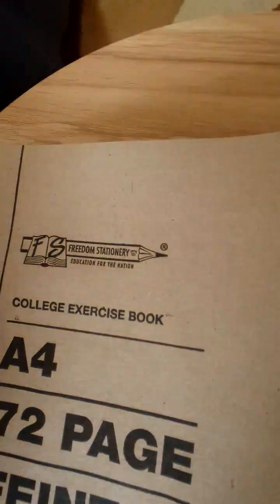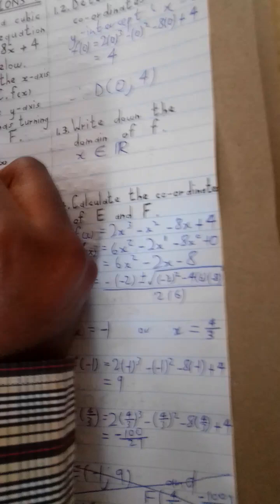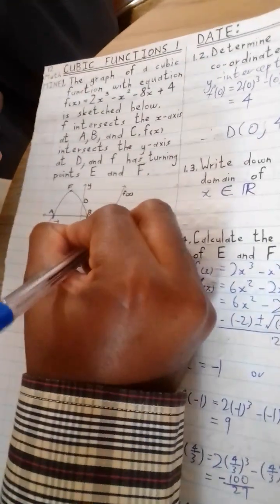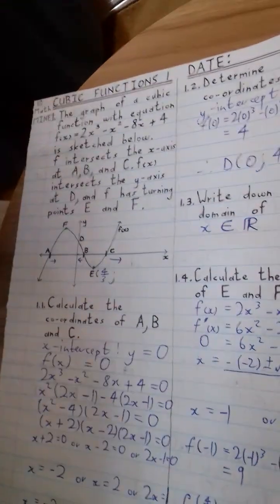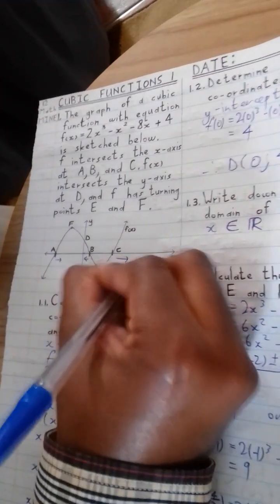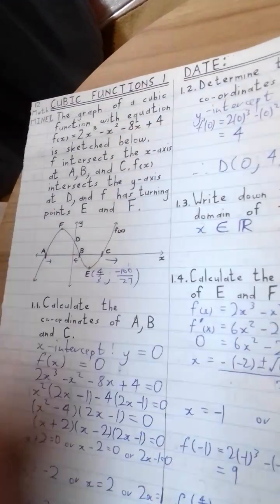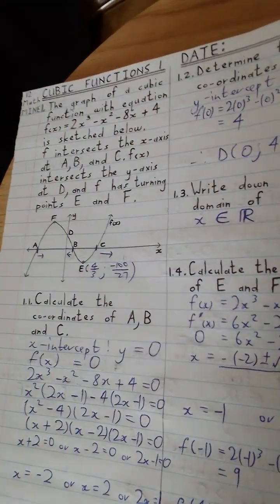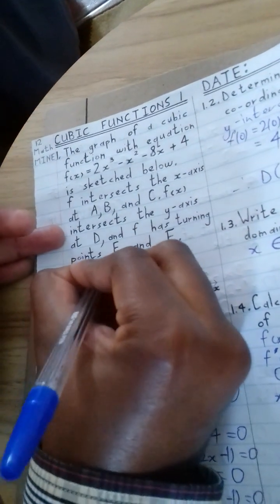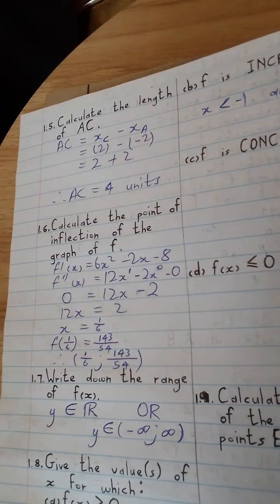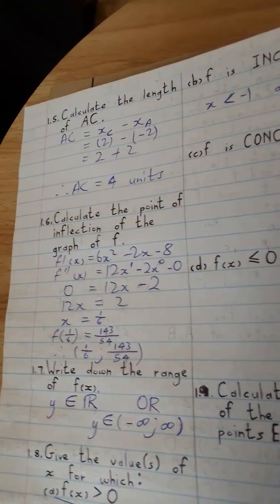My mistake, so please fix this, right? This is 4 over 3 and negative 100 over 27, and F is the other one, negative 1 and 9. So please fix that, my bad.